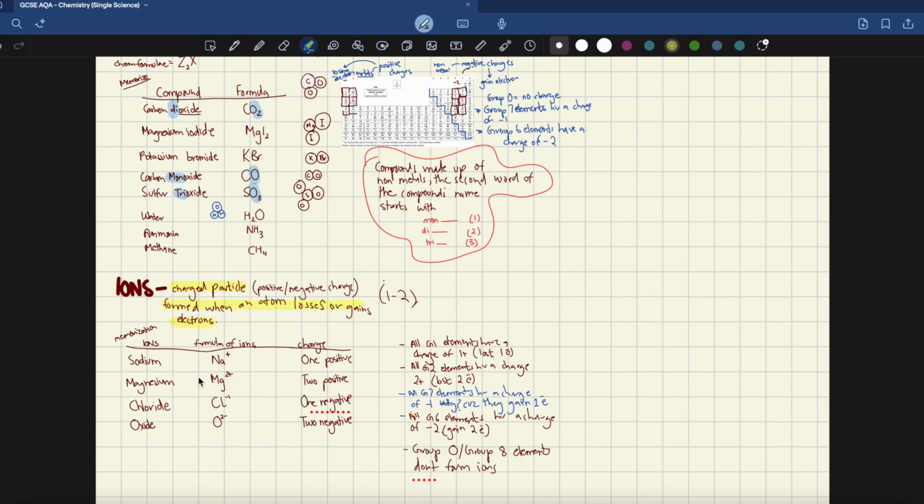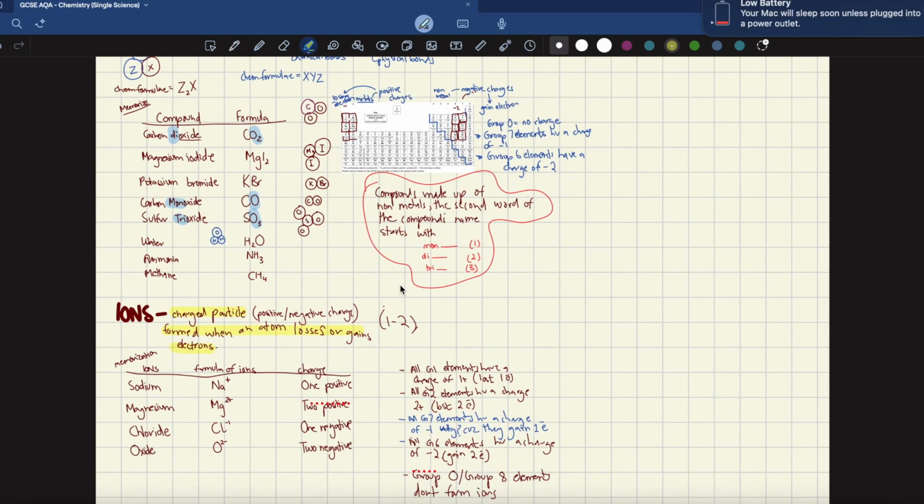These are the two key phrases that your examiner is going to look for, and this is the table of the 4 ions that you're supposed to memorize by heart. You're supposed to know that chlorine forms the chloride ion and has a charge of -1, and oxygen forms the oxide ion and has a charge of -2.